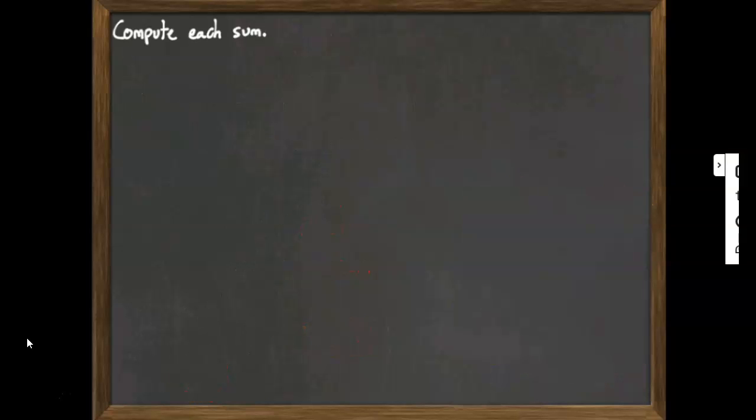So here we're asked to compute each sum. Here we have the sum as K goes from 1 to 6 of the expression 3K plus 2. What summation notation means is you're going to start, plug the first number, in this case 1, into the expression for the variable. In this case it's K. So we plug that in for K, and that would give us 3 times 1 plus 2, and then plus, we increment K, make it 1 bigger.